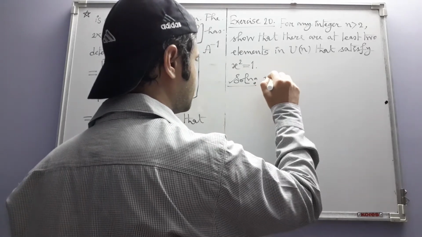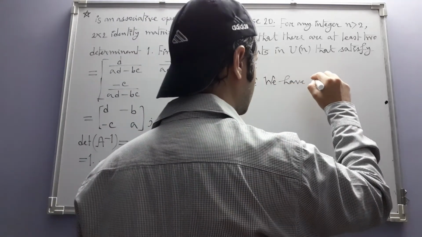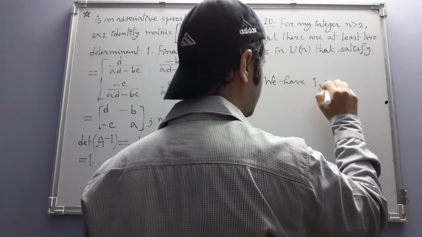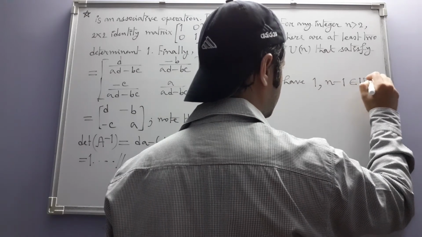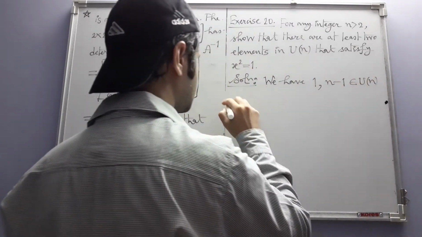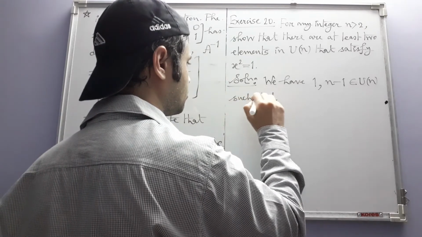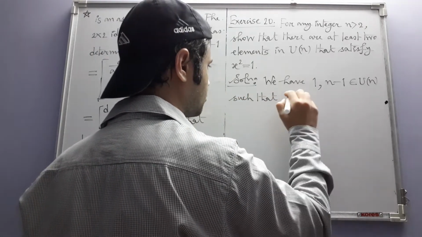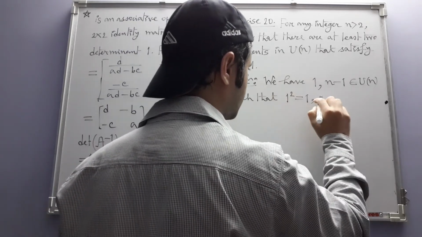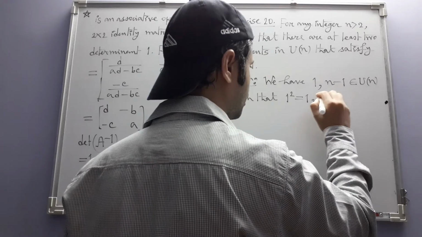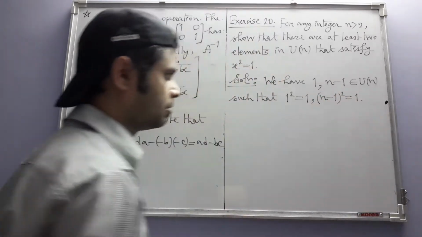We have 1 and n minus 1 belonging to Un such that 1 squared equal to 1 and n minus 1 whole squared is also equal to 1.